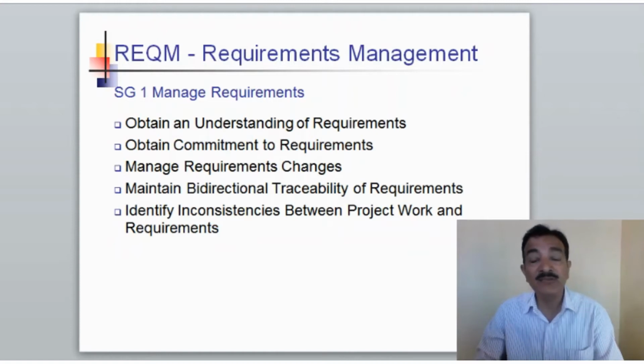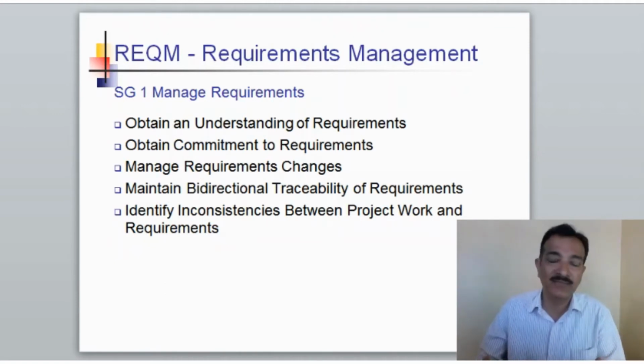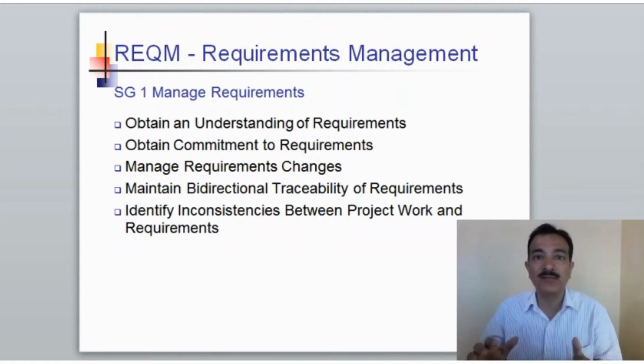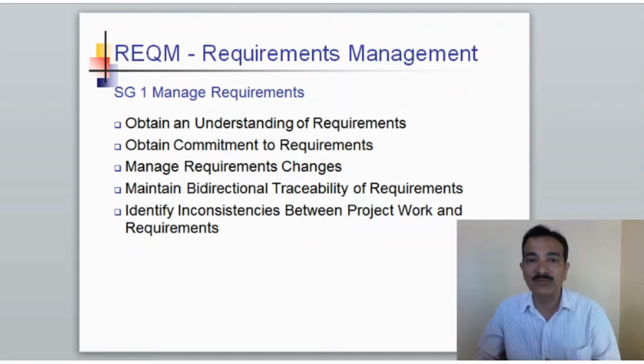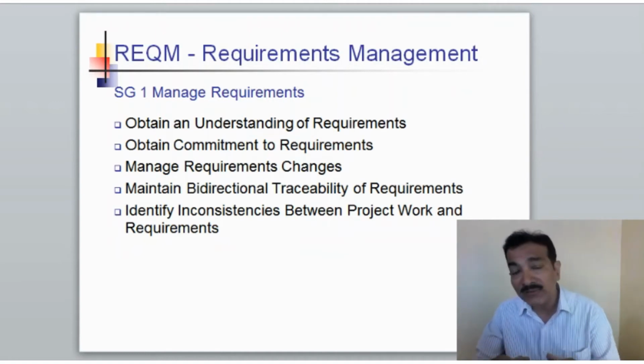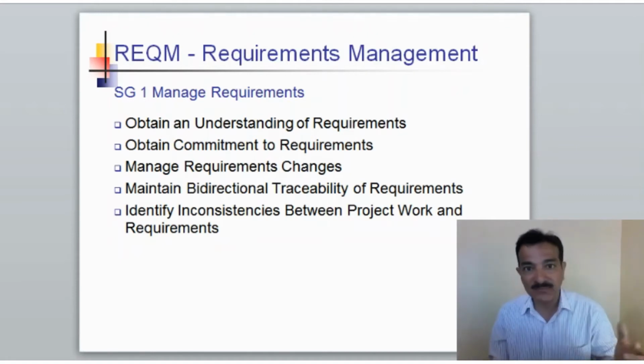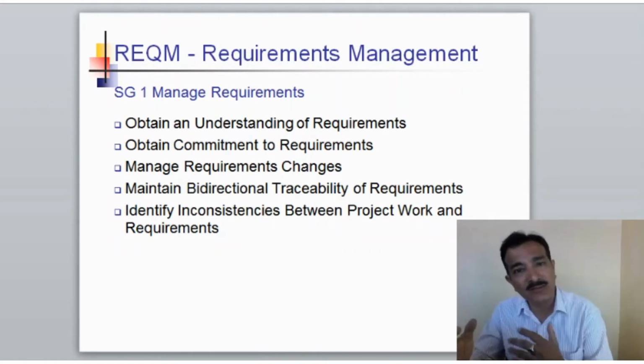You manage requirement changes. Now, though the requirement is supposed to be fixed, we know in actual life nothing is really fixed. So there could be some reasons which will arise and for which the requirement should undergo changes. Now, how does it undergo changes? If you are in the design phase and the customer has asked for a requirement to be changed, it is going to change all the required design documents.